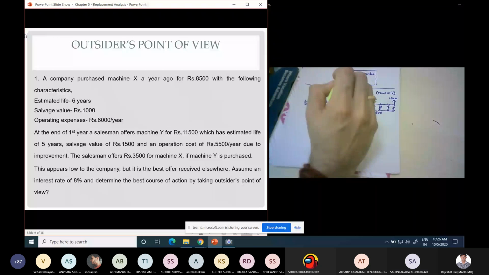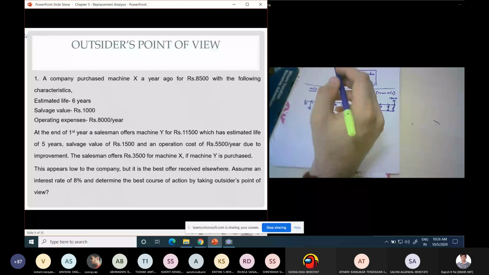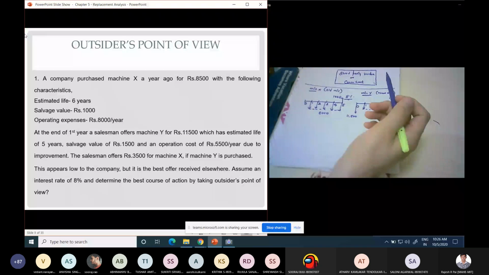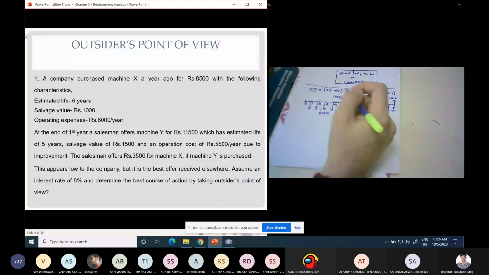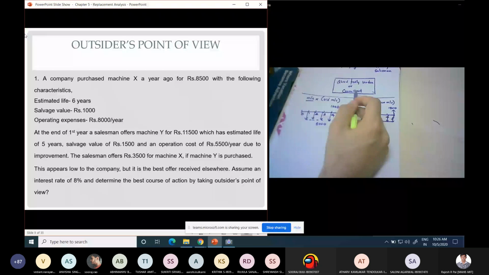When I say analyzing from the point of view of an outsider, our cash flow should be drawn by considering the external entity, the third party consultant, as if the consultant is going to buy the alternative.